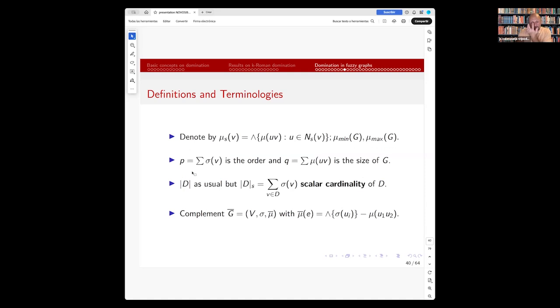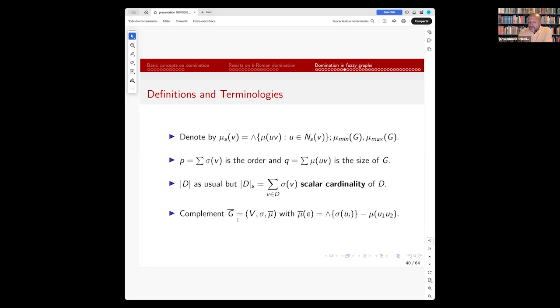We consider the number p as the order of the graph, the sum of the membership values of the vertices, and q as the size of the graph, the sum of all the membership values of the edges. We have to distinguish between the cardinality of a graph, which is the usual concept of the number of elements, and the scalar cardinality of a set in a fuzzy graph, which is the sum of the membership values of the vertices belonging to the set.